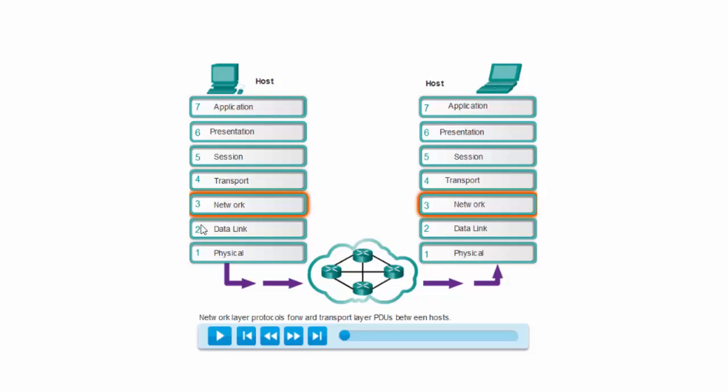So the main functions that summarize the operation of the network layer is that the network layer encapsulates the incoming segments from the transport layer into what we call an IP packet, which adds an IP header to it, and then it sends that on the data link layer.